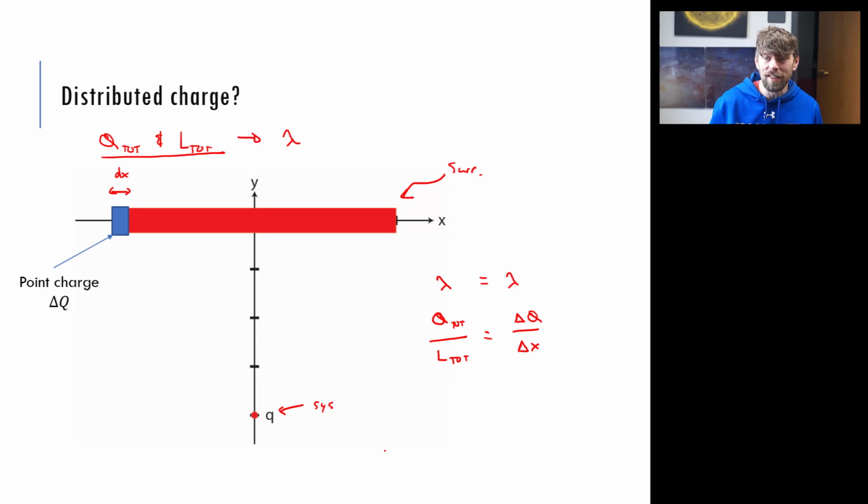And so we see that the expression for the amount of charge in that little blue rectangle is simply lambda times the length of that rectangle. Pretty cool, huh? And that little transition will allow us to solve this entire problem.